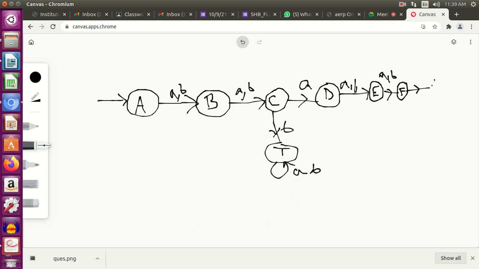Name it G. Now it's mentioned in the question that we can have a length of at least 3, like greater than or equal to 3. So if it's equal to 3, it's fine. If we want something greater, we can simply put a self loop for A comma B, and obviously this is your final state.